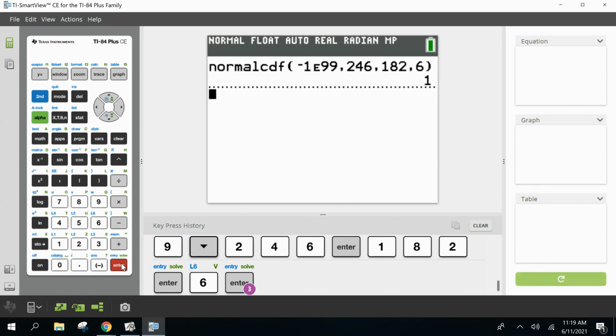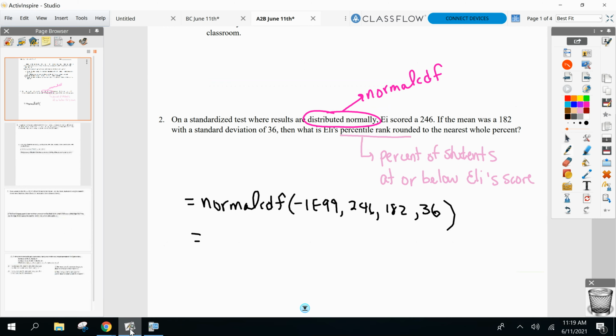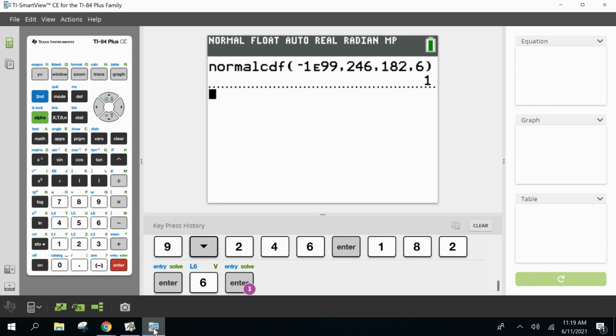Remember, this is my... How does it give me 1? Yeah, I got 1. What am I missing here? It shouldn't give you 1. I think you put just 6 instead of 36. Oh, look at you.